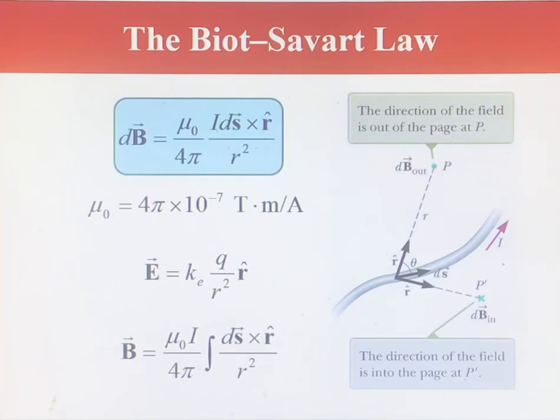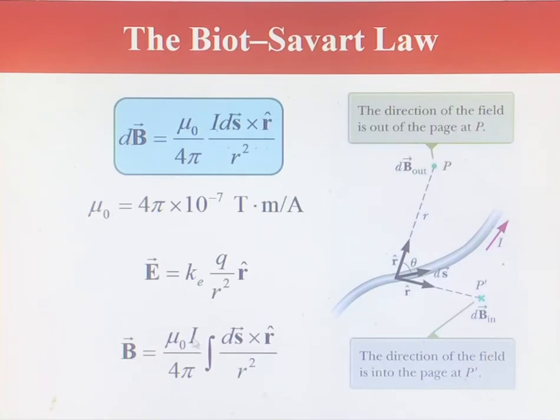Again, we're going to be using this equation a lot, and you can see that the main difference between the electric field and the magnetic field is that electric fields can be produced from charges that are at rest as well as from charges that are in motion. In magnetic field, you can only produce magnetic field from charges that are moving.